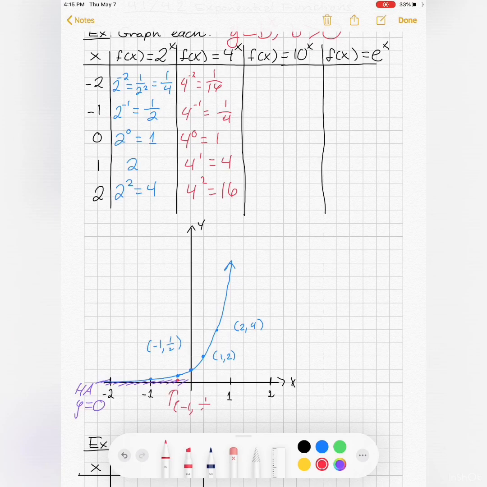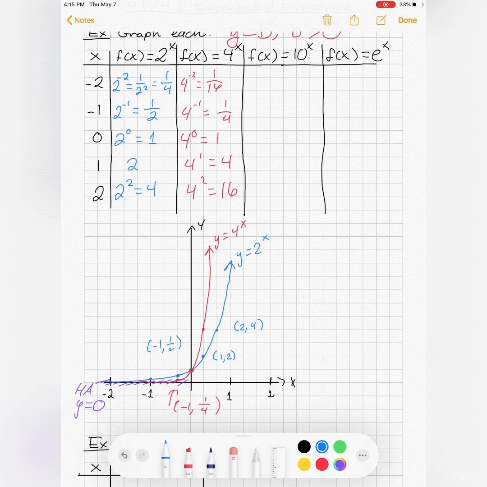Let's label 0, 1, and then 1, 4. Okay, so something like that. So this is 4 to the x. This was 2 to the x.